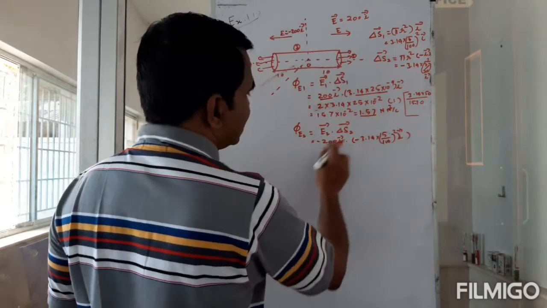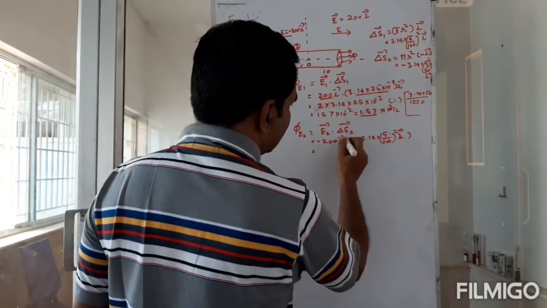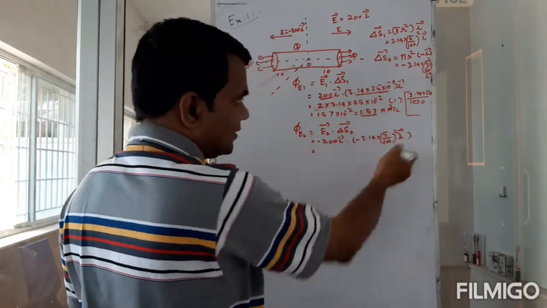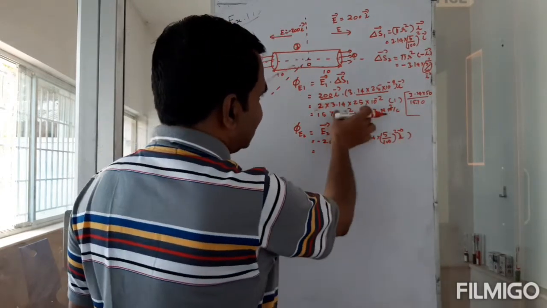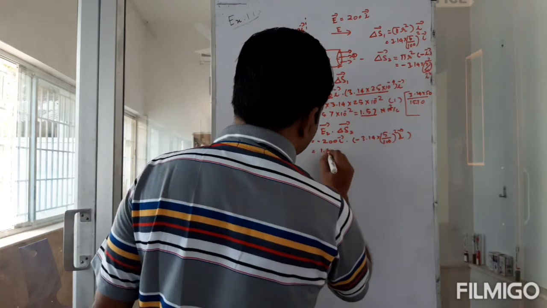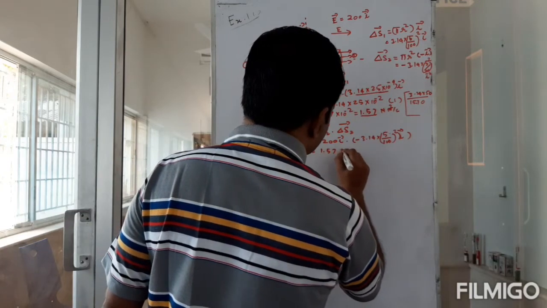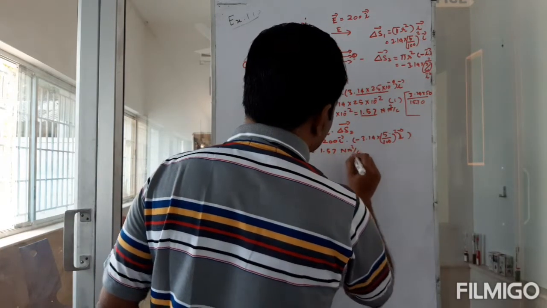So minus will become plus, and I dot I will become 1, so I'll have the same number, 1.57 Newton meter squared per coulomb.